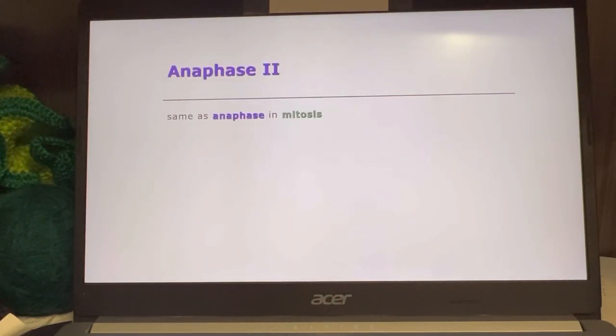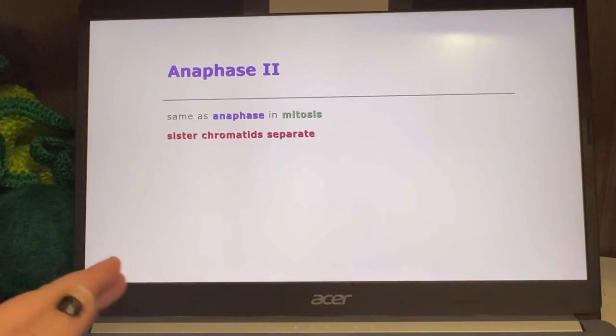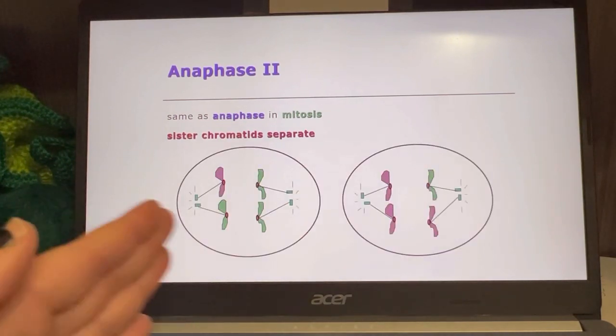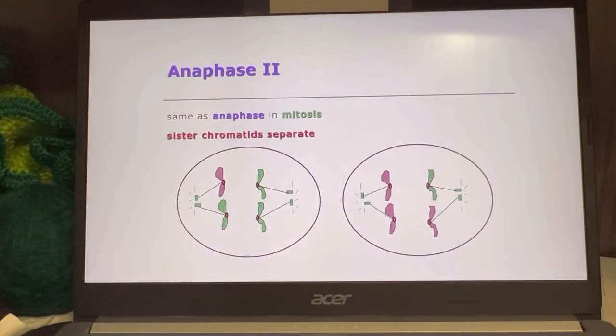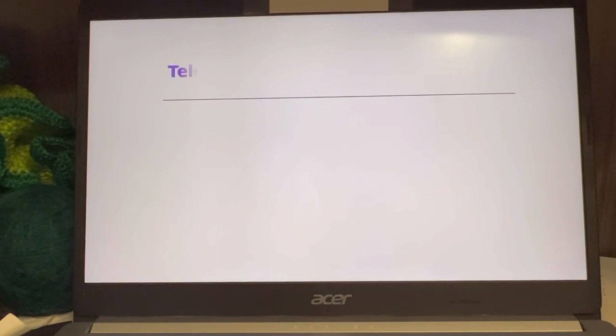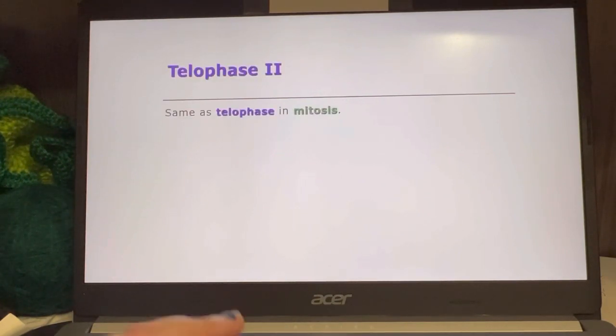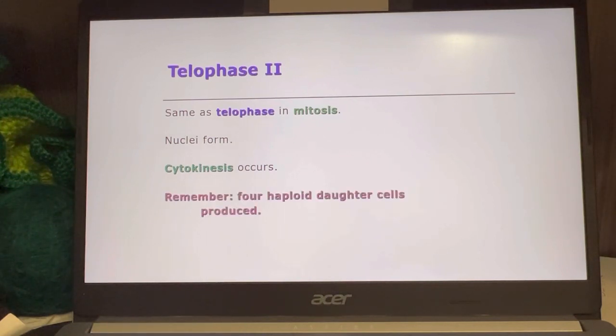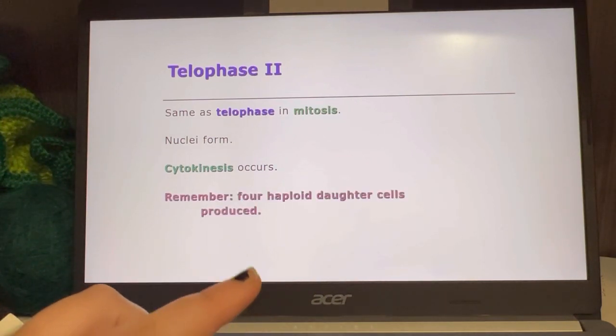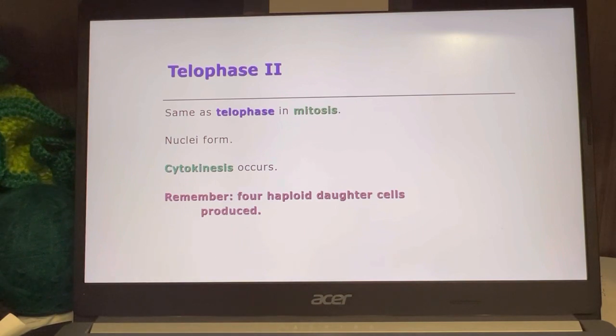Anaphase 2, same as anaphase in mitosis, sister chromatids separate, cut in half. And then telophase 2, same as telophase in mitosis. The nuclei reform, cytokinesis occurs, and the 4 haploid daughter cells are produced in meiosis.